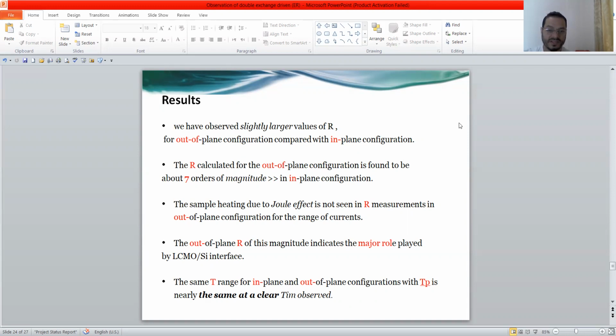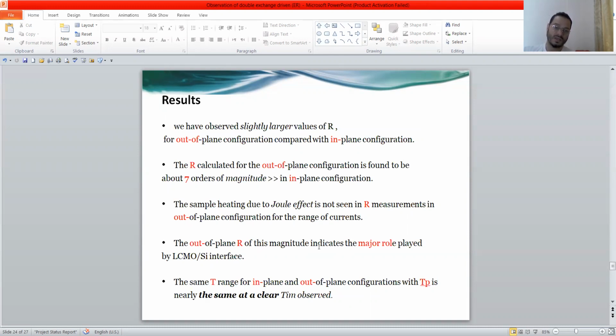And the simple heating due to Joule effect is not seen in the resistance measurement in the out of plane configuration for the range of currents. The range of current we used in the measurement in out of plane, the Joule effect is not seen in these values of current applied.